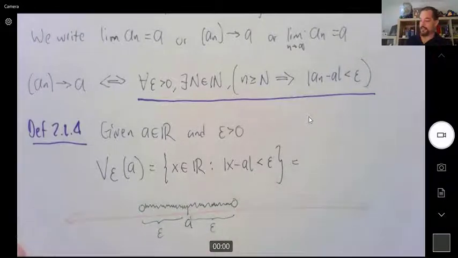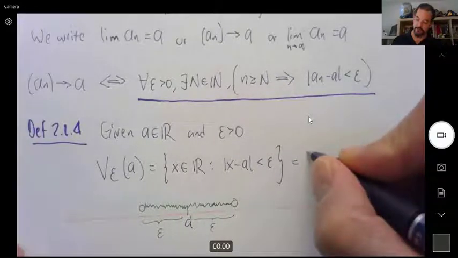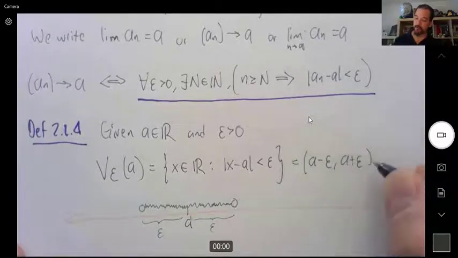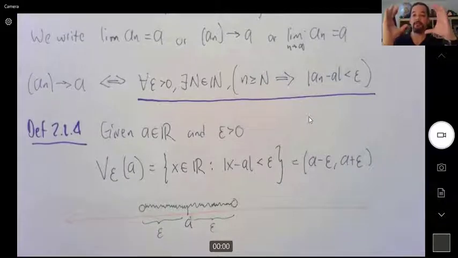So a way easier way of writing this is just to write it in interval notation. That's just (A minus epsilon, A plus epsilon), right? Open on both sides, because we don't include the endpoints, right? So in an even shorter way, it's just an open interval of a radius.